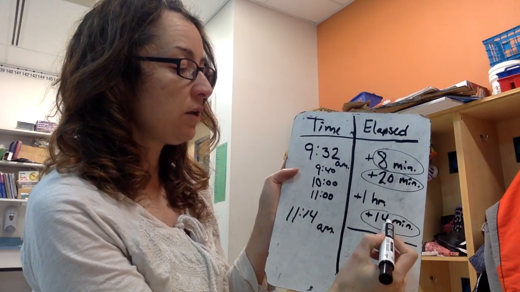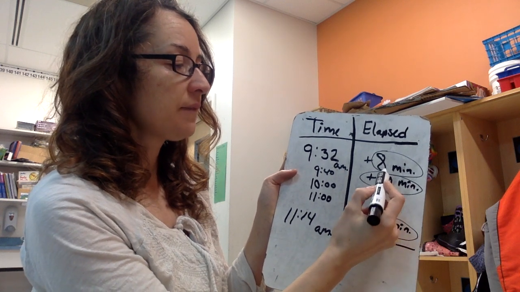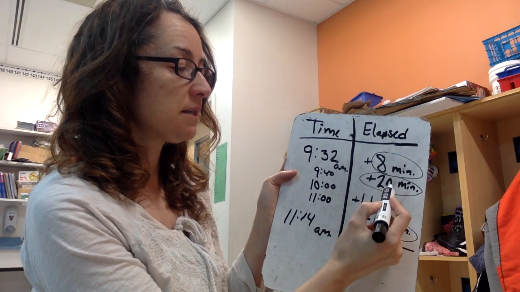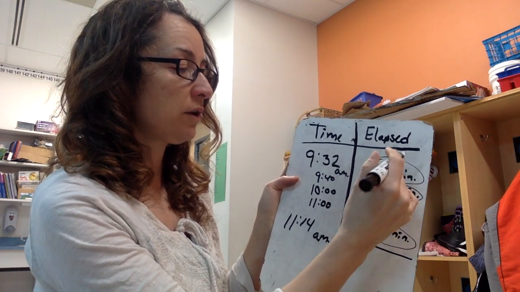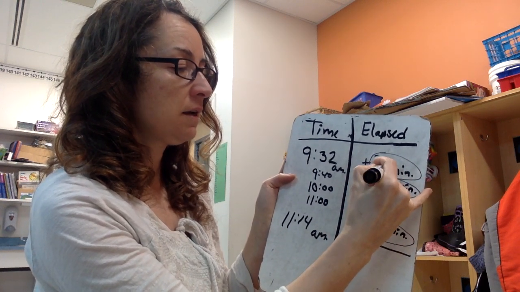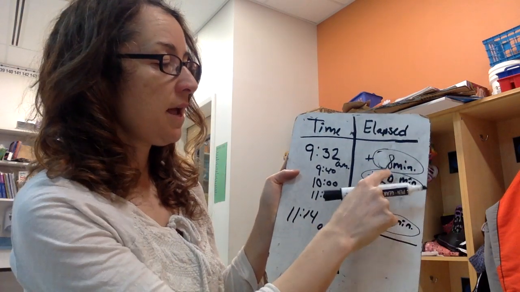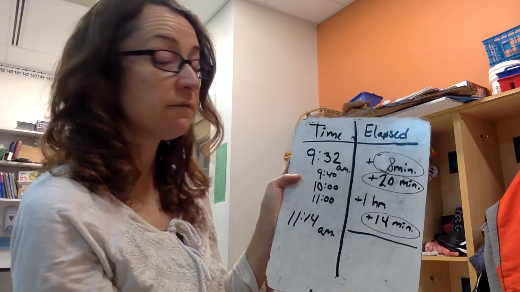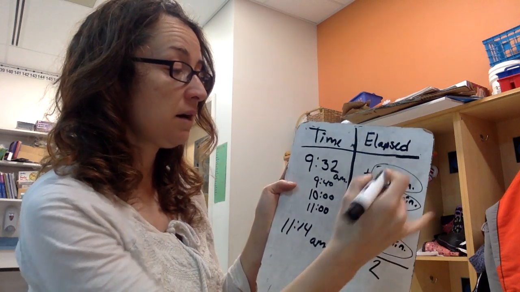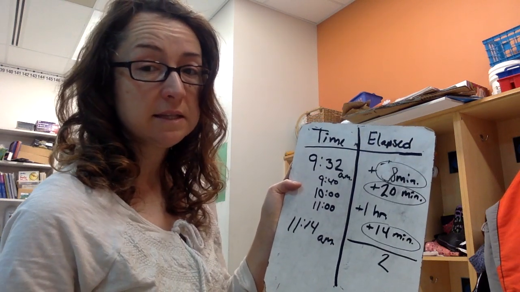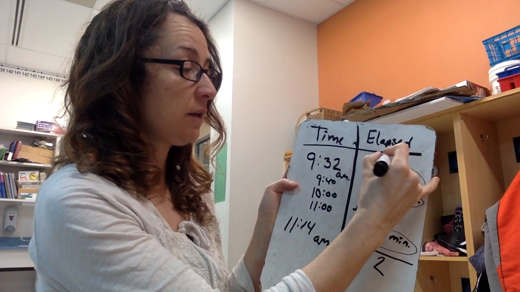So I am going to look at my ones place. 8 is in my ones place, 0 is in my ones place, and 4 is in my ones place. I'm going to move that 8 over a little bit just so you can see. Okay, so 8 plus 0 is 8, plus 4 is 12. So I'm going to put a 2 here and have a 1 in my tens place. I'm just kind of making that a little bit small.